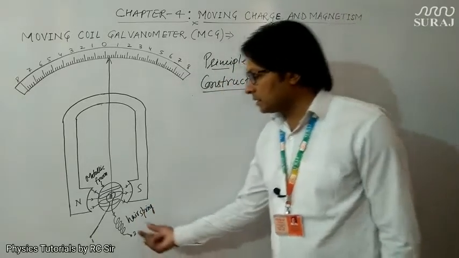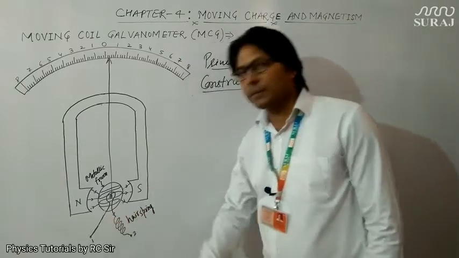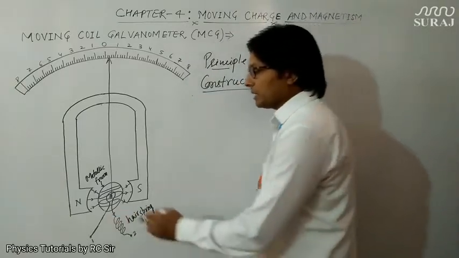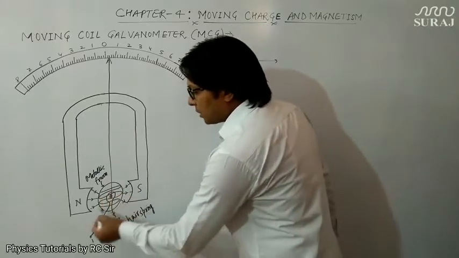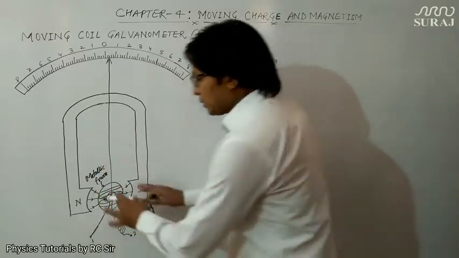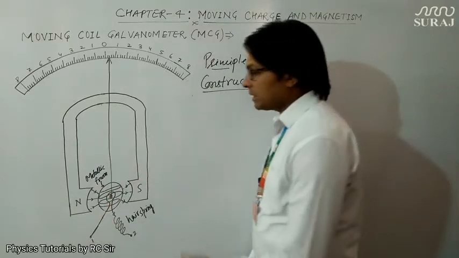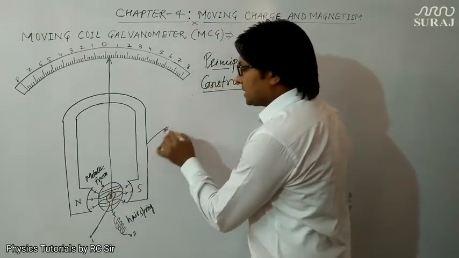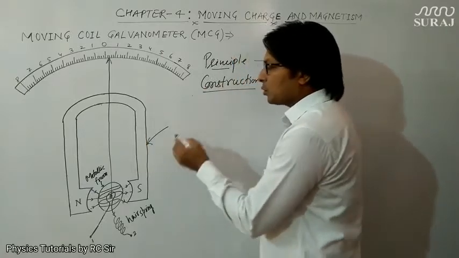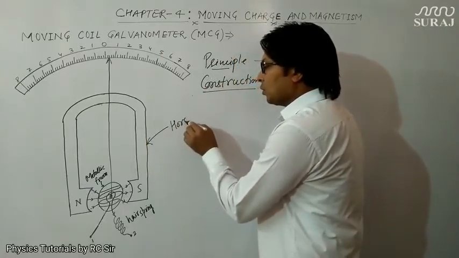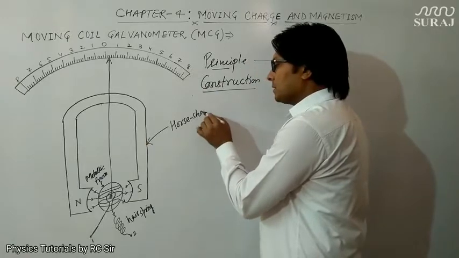This is the hair spring which is connected to the second end of this coil, and the coil is wound on the metallic frame as shown in the figure. This whole arrangement is put in the uniform magnetic field produced by a horseshoe magnet. This is the horseshoe magnet.